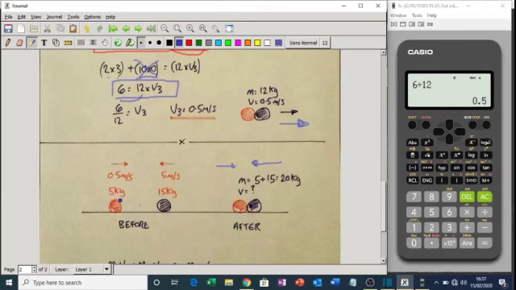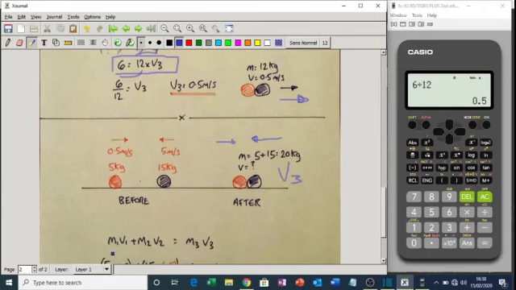So we know M1, we know M2, which means we know M3 is going to be 5 plus 15. So M3 is 20 kilograms when these collide together. This is 0.5 meters per second coming this way. That's 5 going that way. So we don't know what V3 is, and we're not quite sure which way it's going because they're both coming in different directions.